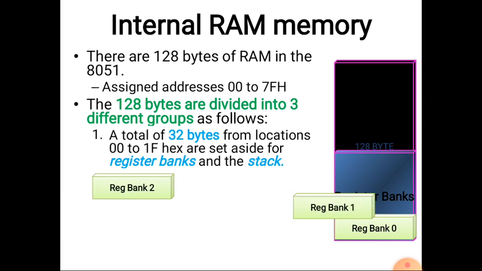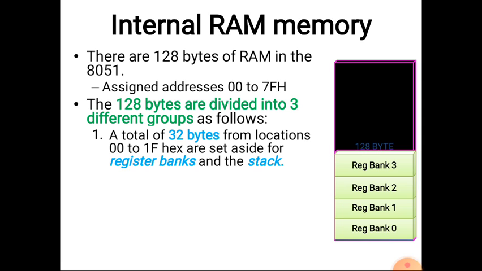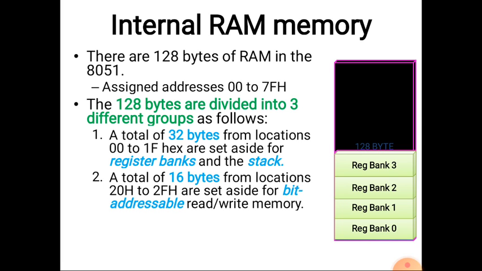The first section is 32 bytes and consists of 4 banks. In the second section, a total of 16 bytes from location 20H to 2FH are set aside for bit addressable read write memory.